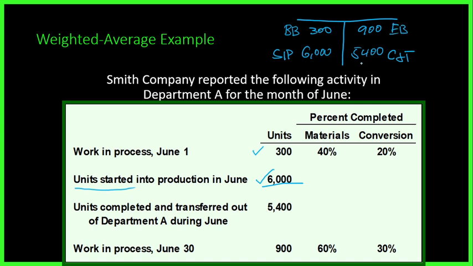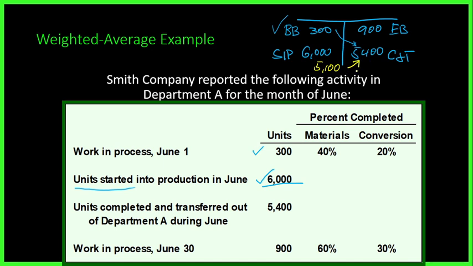Your completed and transferred, of course, since this is process costing, it is safe to assume that this 300 will be completed ahead of your 6,000. So 300 of that will go to 5,400, which means out of this 6,000, only 5,100 was completed.